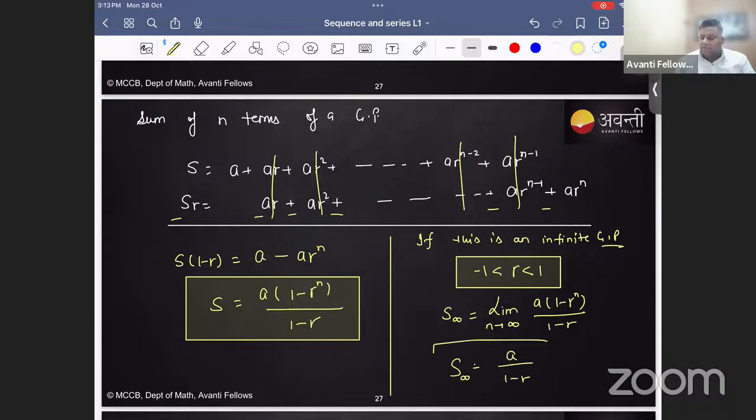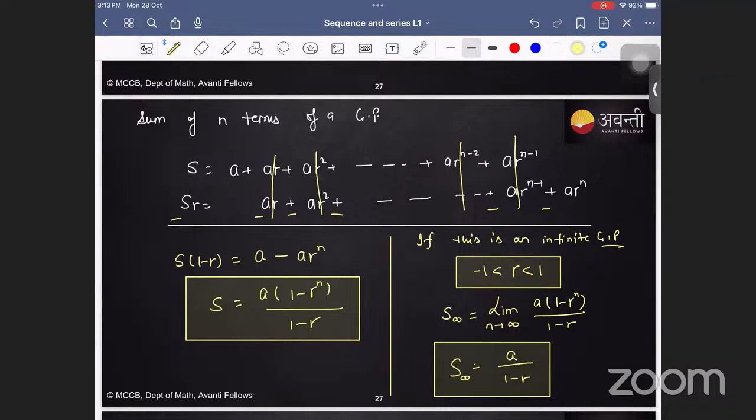This is the formula for the sum of infinite terms. Correct? Am I clear? Vaishnavi, clear? Yes, sir. Very good.